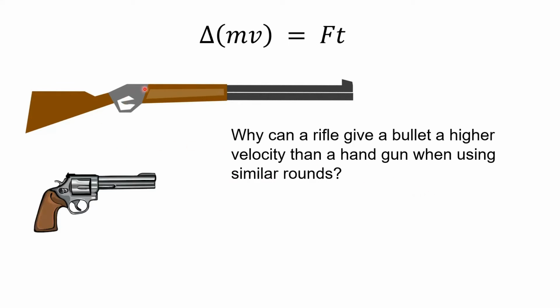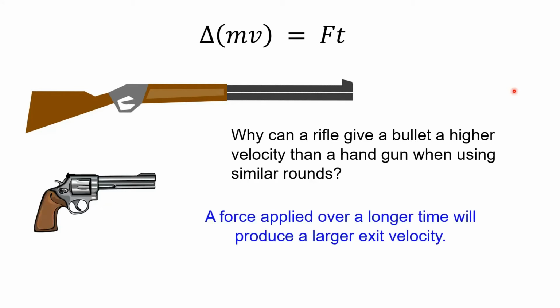Now up here in the rifle, when it fires, it's going to create pretty much the same amount of force. But that bullet's going to be pushed over a significantly longer time, so that when it leaves the barrel, it's simply going faster. It's just an application of our impulse-momentum relationship, same thing as throwing the ball. So in this case, a force applied over a longer time will produce a larger exit velocity. It was the same thing for our hand, if we call that an exit velocity.